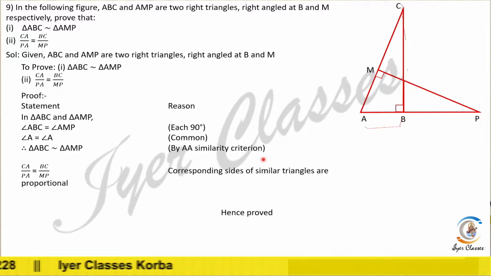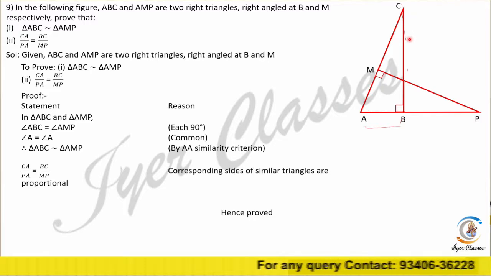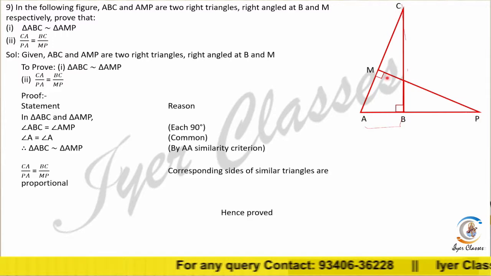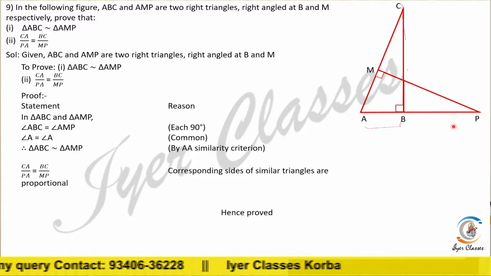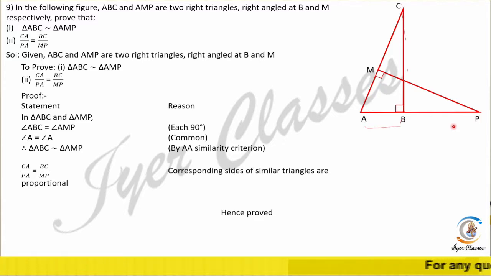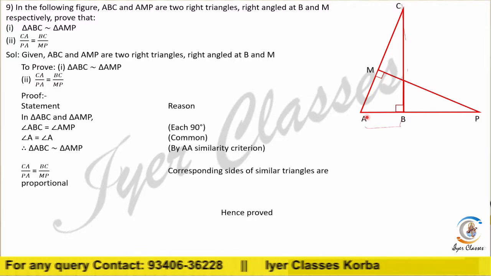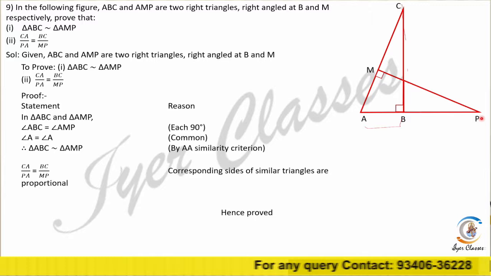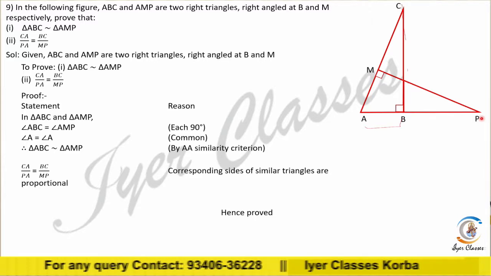In triangle ABC, the side opposite to 90 degrees is CA, and in triangle AMP the side opposite to 90 degrees is PA. In triangle ABC, BC is opposite to A, and similarly in triangle AMP, the side opposite to A is MP. The corresponding sides of similar triangles are proportional, so we have proved it.